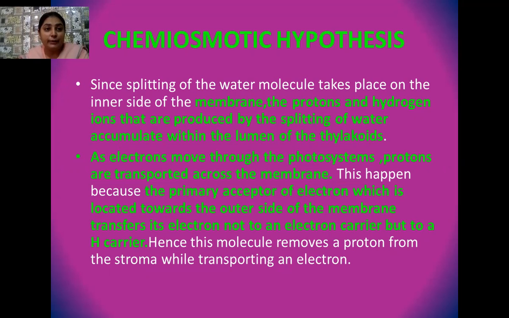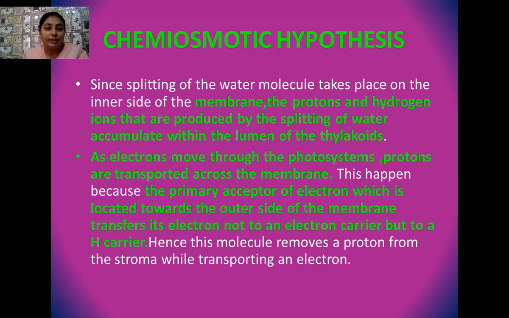There is one very important reaction associated with photosynthesis, and that is the splitting of the water molecule. Whenever a particular range of wavelength approaches water molecules, the hydrogen bonds present between the water molecules break.